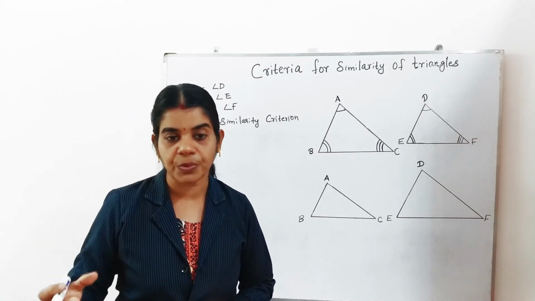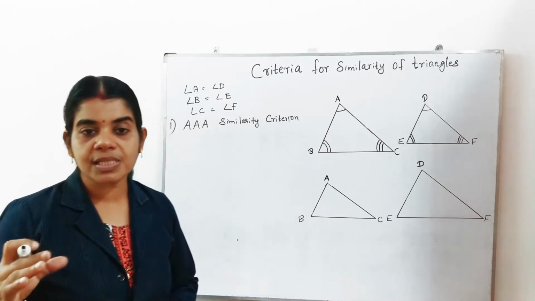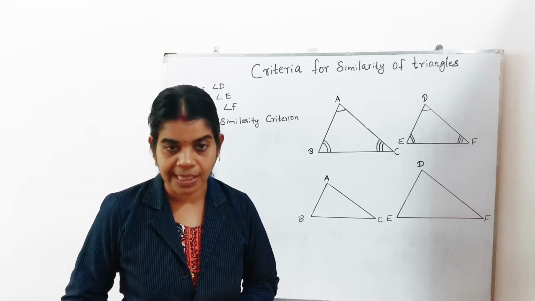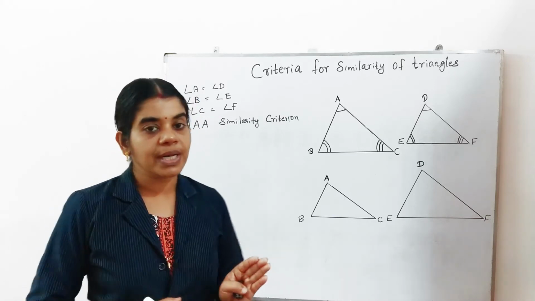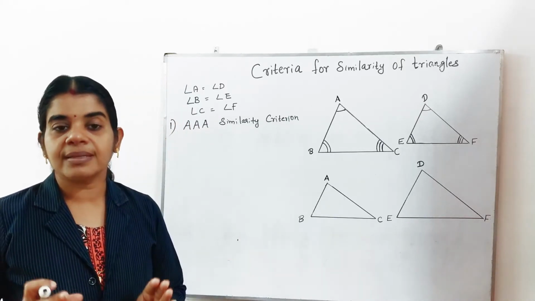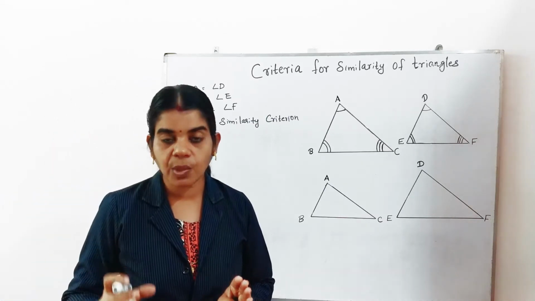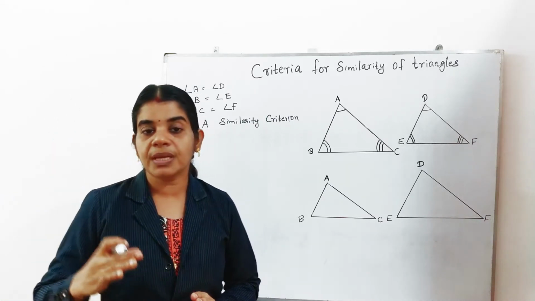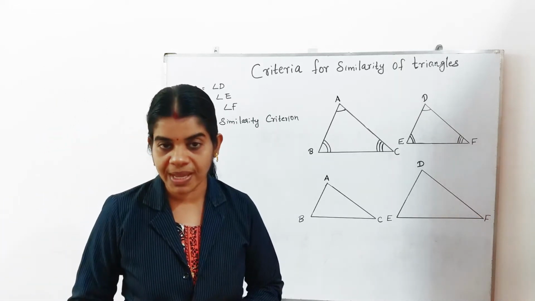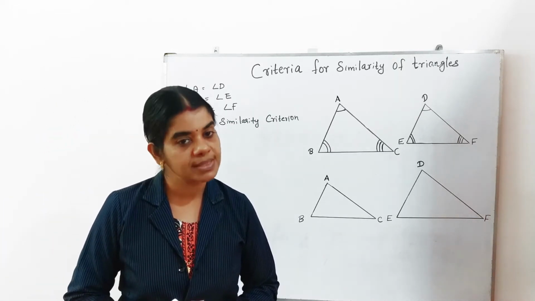For the similarity of two triangles, corresponding angles are equal and the corresponding side ratios are also equal. If two triangles' angles are equal, they are known as equiangular triangles, and in an equiangular triangle the sides ratio will be the same.